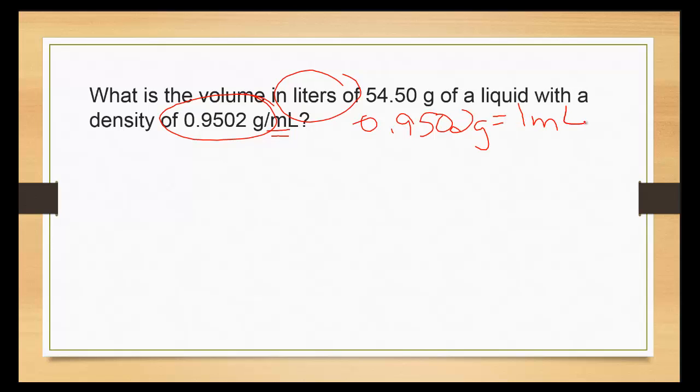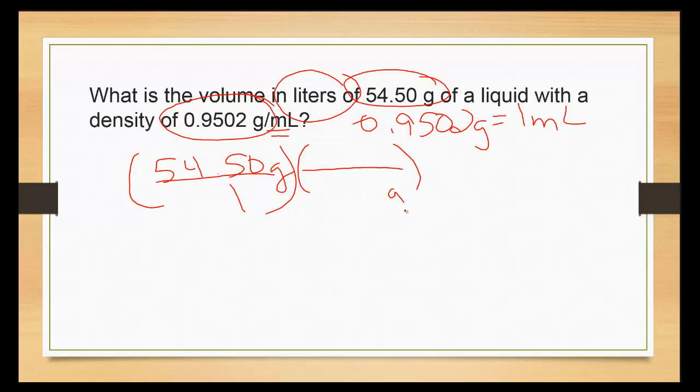So I have the starting number to be 54.50 grams. I have grams on top, so I'm going to put grams on the bottom so that they're catty corner. The number 0.9502 goes with the unit grams. That's equal to 1 milliliter.